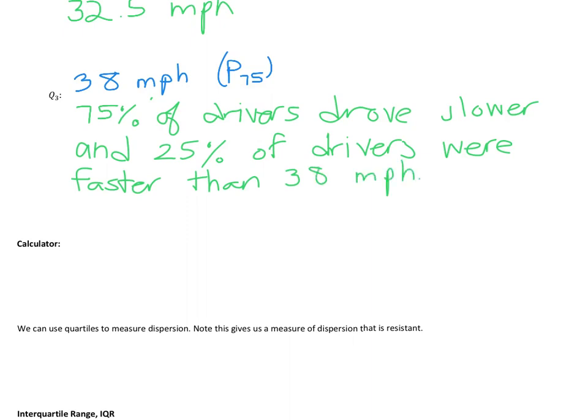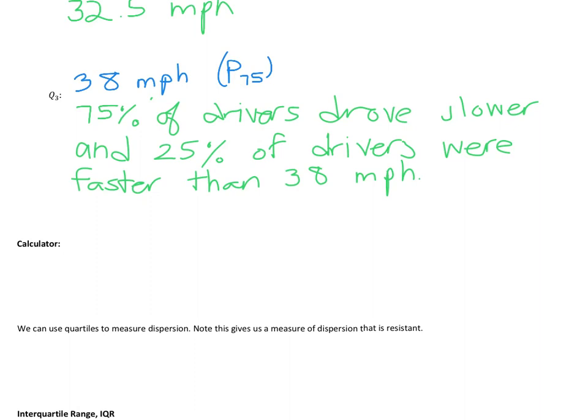All right. We can also use our calculator to help us calculate quartiles. This was a relatively small data set, so we could do it by hand. But again, if we had a data set of like 100, this would be hard to calculate by hand, or at least tedious.